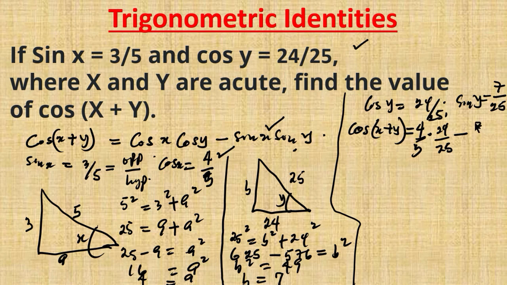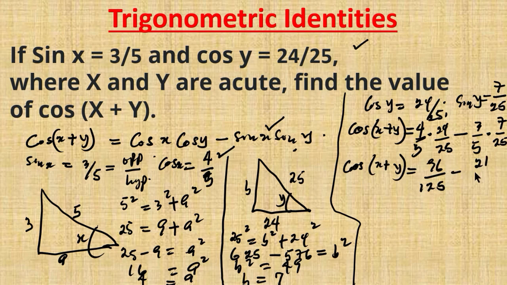Sine x is 3 over 5 times 7 over 25. So that cos(x + y) will be the same thing as 4 times 24, that's 96, over 125 minus 21 over 125.